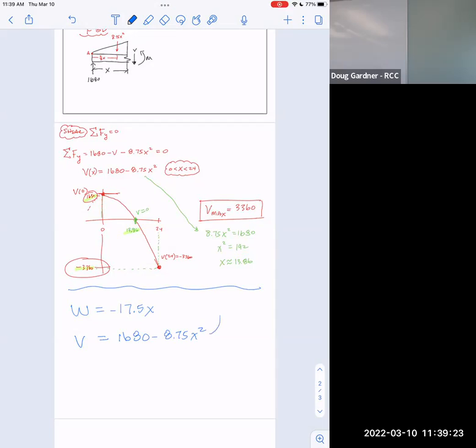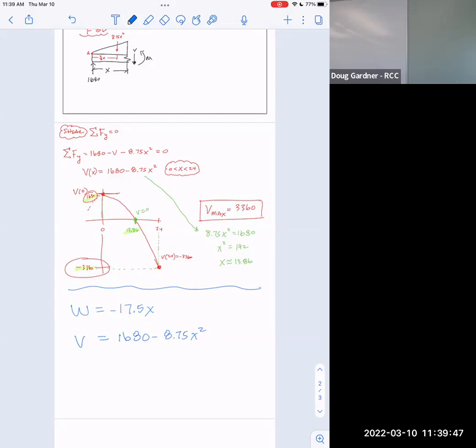What happens if you take the derivative of that shear expression? What's the derivative of 1680? Nothing. What's the derivative of 8.75x squared? Negative 17.5x. So in a sense, two things could be said here.